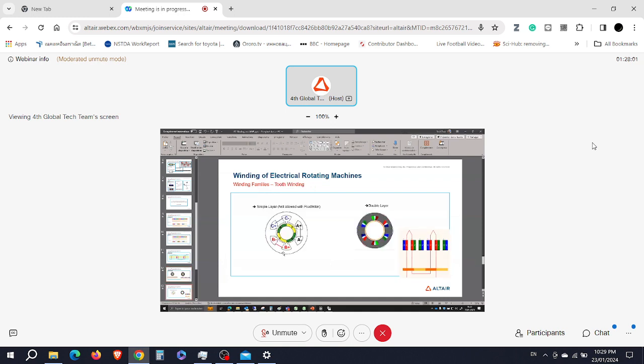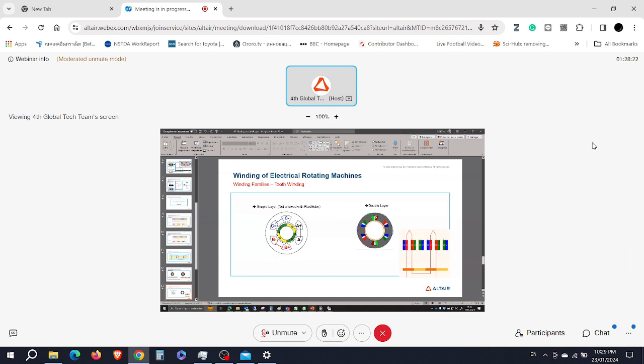This is another, two-thread winding. As we said previously, this is something we don't use, and we don't use to see it for synchronous reluctance machine. There are two kinds of tooth winding. The one we call simple layer and the double layer.